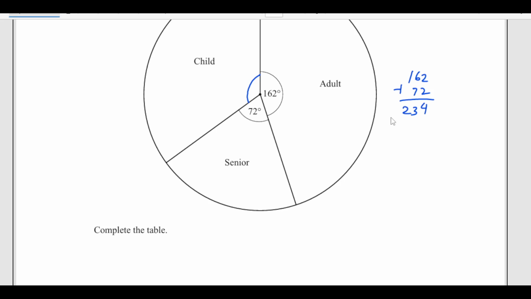So we can subtract it from 360, minus, so this is 126. So this child section is going to be 126 degrees, right? So we have calculated this from here.